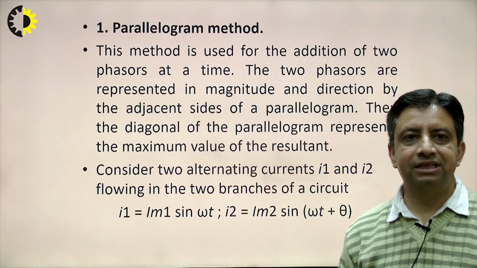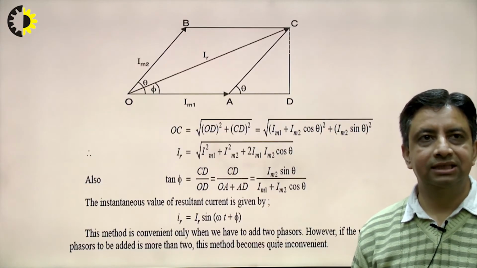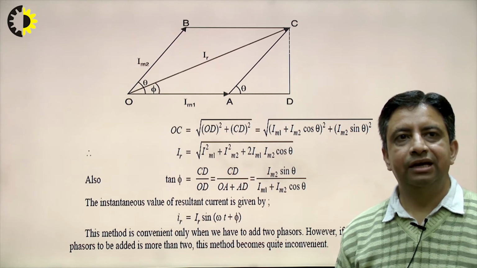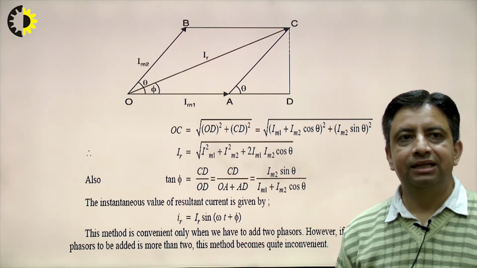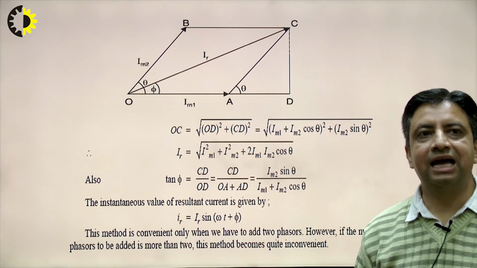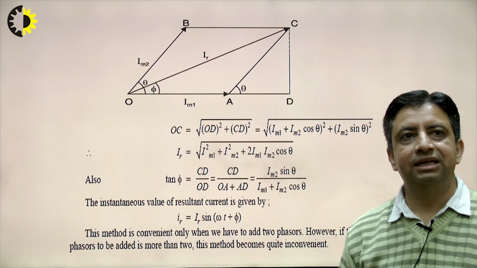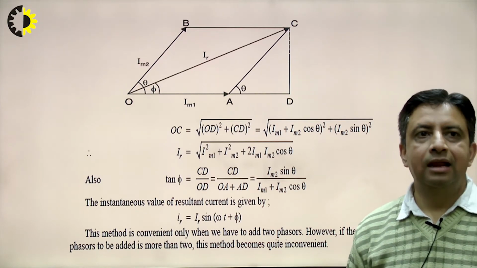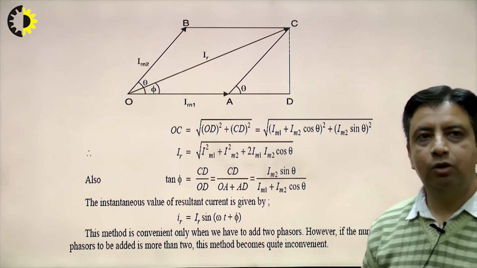If we represent these two alternating current quantities in phasor form, OA will represent the first current, that is Im1, and OB will represent the second current, that is Im2. Now, how do we solve this problem using the parallelogram method?